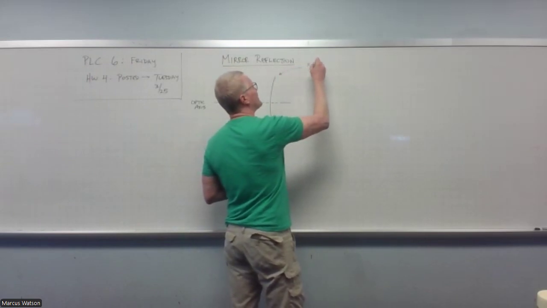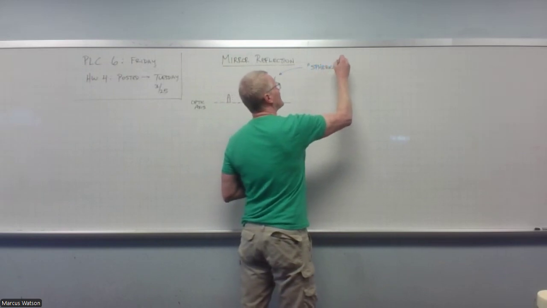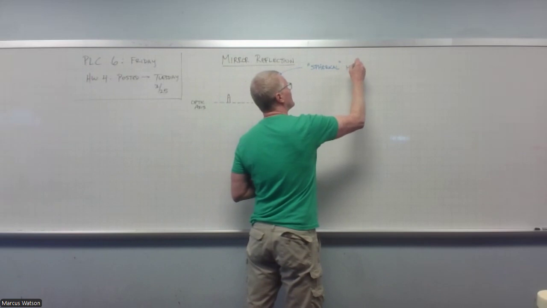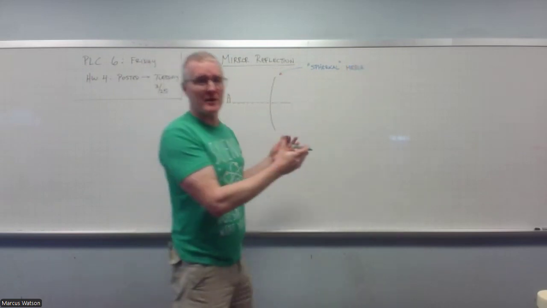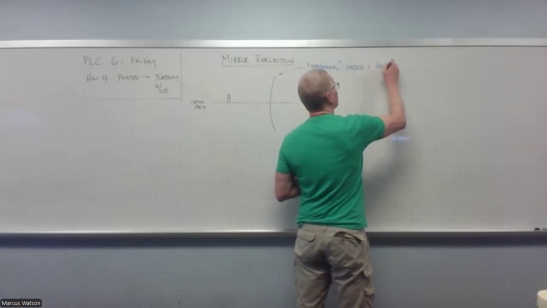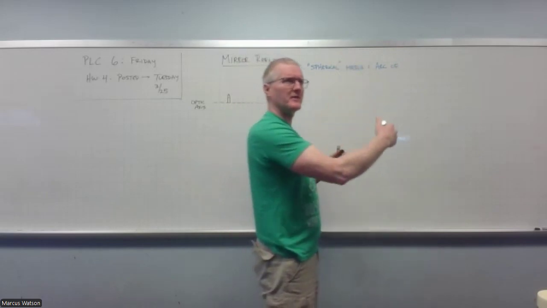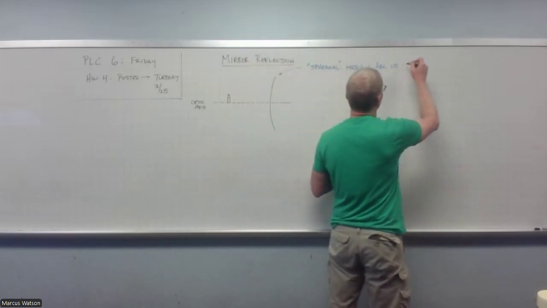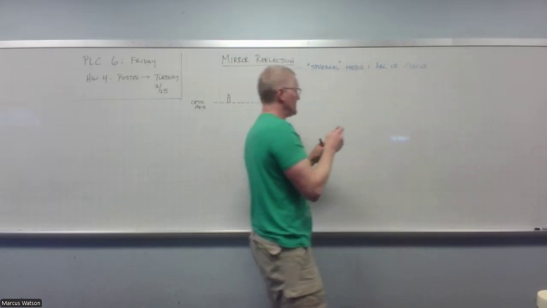This is known as a spherical mirror. But that doesn't mean it's an entire sphere, it just means it's an arc of it. It's the arc of a circle. The way we draw it, it's the arc of a circle.